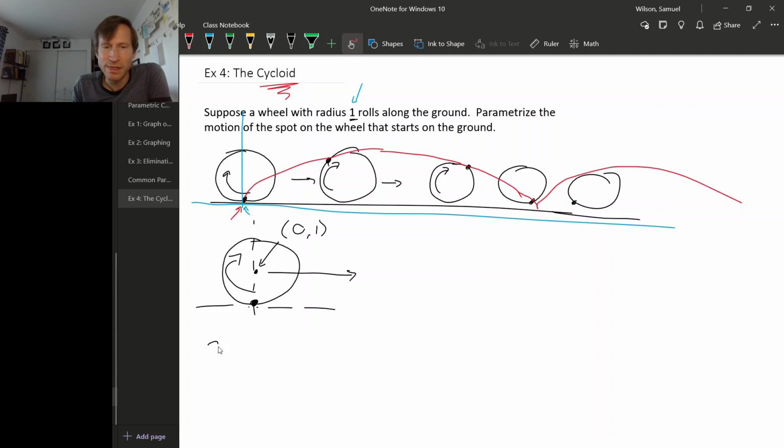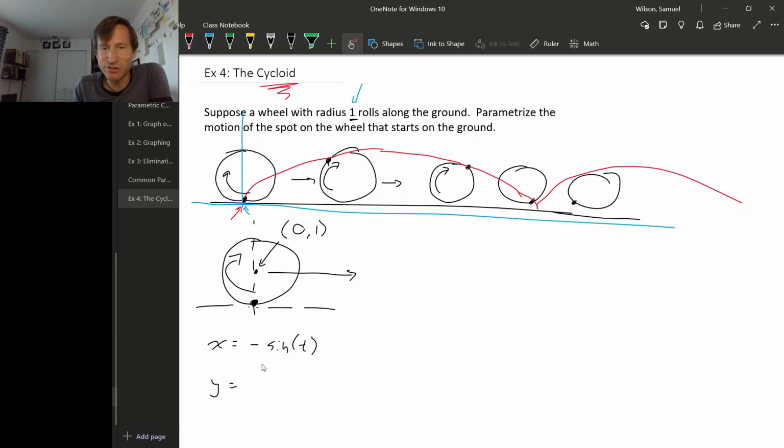So we can write down parametric equations for this circular motion. So the x-coordinate starts at 0, so we should use a sine function, so sine of t. And it's starting at 0, but it's going negative, so we need a minus sign.